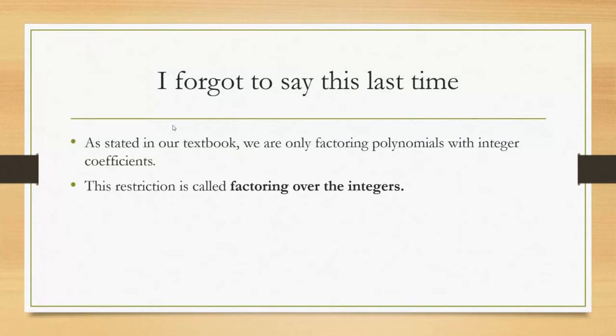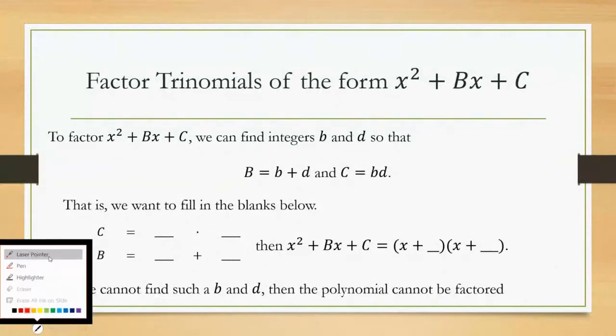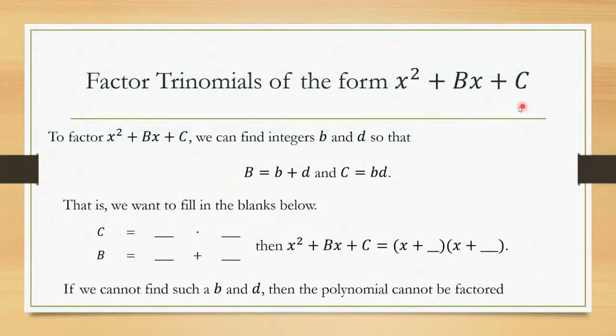The technique we're looking at is this: if you have a trinomial, meaning a polynomial with 3 terms, as on the top of the slide, of degree 2 with leading coefficient 1, you could try factoring it by finding 2 integers, b and d, so that capital B, the coefficient of x, is the sum of little b and little d.